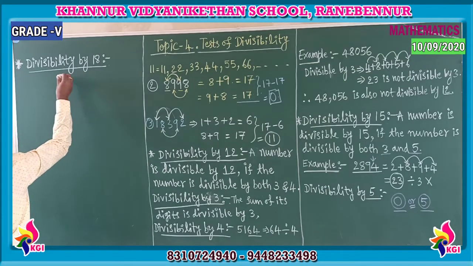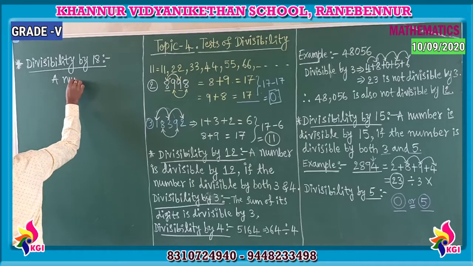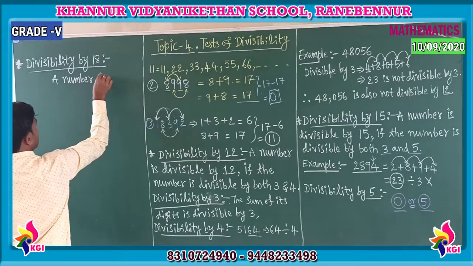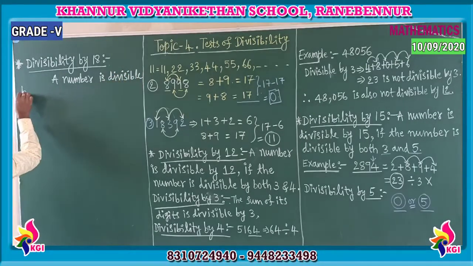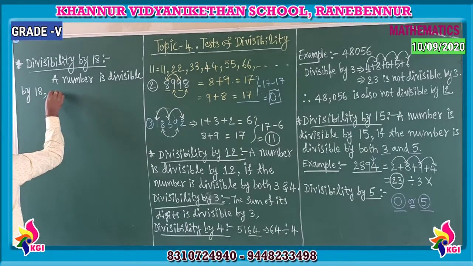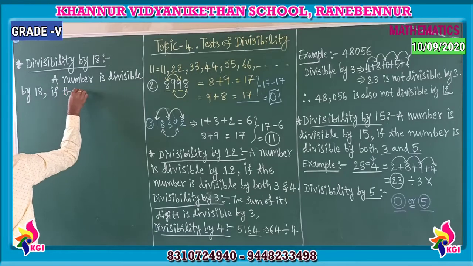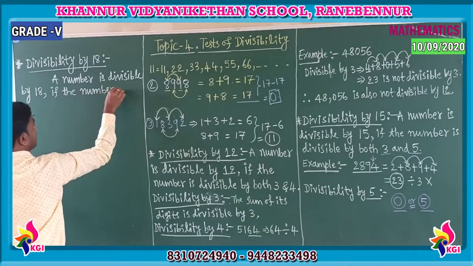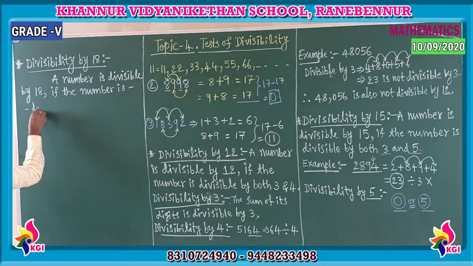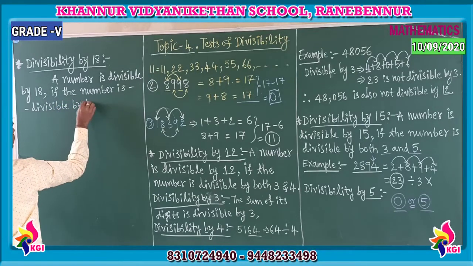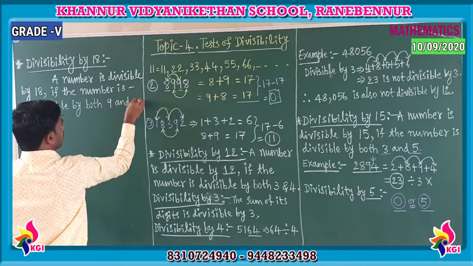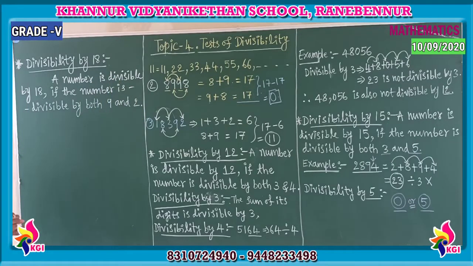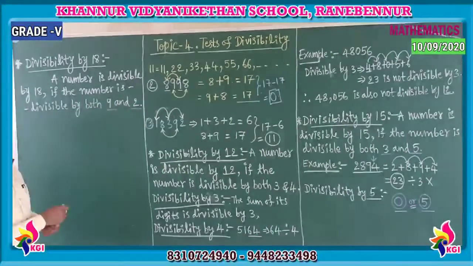Yes children, the rule is saying that a number is divisible by 18 if the number is divisible by both 9 and 2.